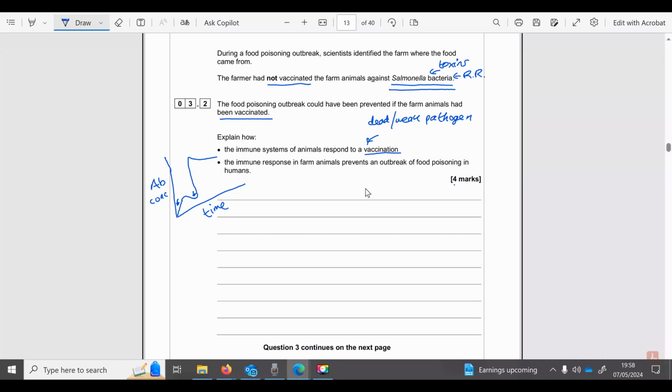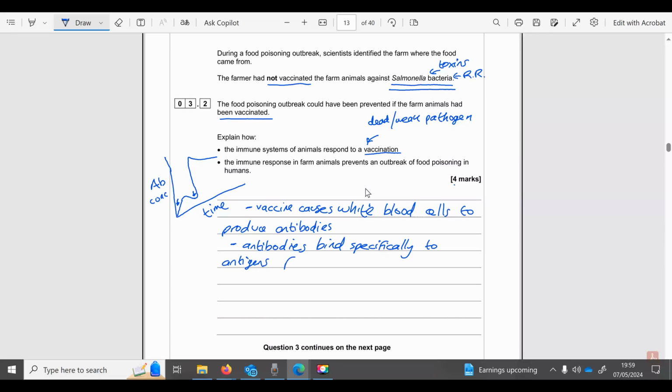So, here's our response. Once we introduce the vaccine, the white blood cells will produce antibodies. So vaccine causes white blood cells to produce antibodies. Antibodies do. Well, they bind to a specific antigen.